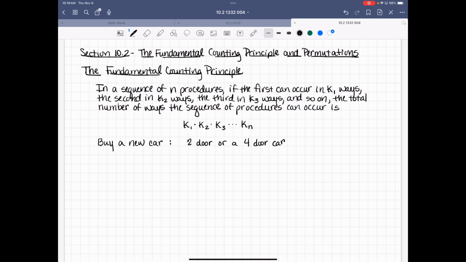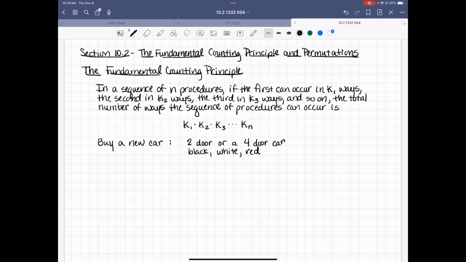Now, of those 2-door cars and those 4-door cars, I can get a 2-door car or a 4-door car in the color of black, white, or red. Then I have these 2-door cars, these 4-door cars in black, white, and red.